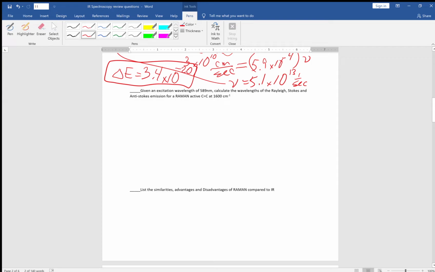Given an excitation wavelength of 589 nanometers, calculate the wavelengths of the Rayleigh, Stokes, and anti-Stokes emission for Raman, shifted by 1600 reciprocal centimeters. Pretty simple.